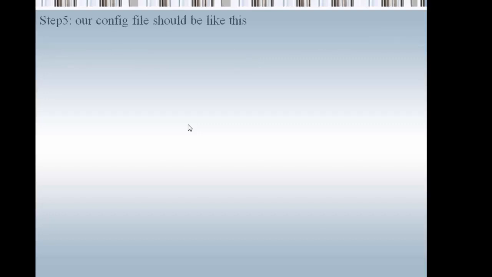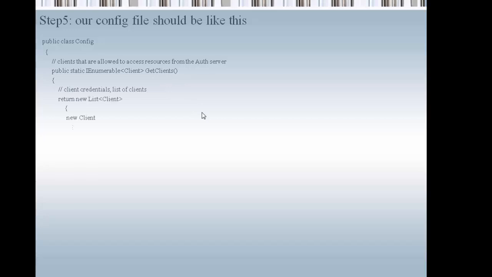Next, we have seen that in Startup.cs we have a method called GetClients. So we will create a Config class. Here we have a Config class and a static method GetClients. This will provide the client information.